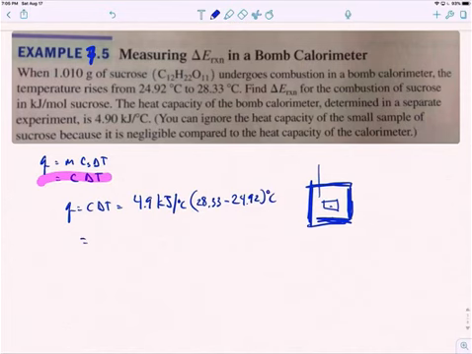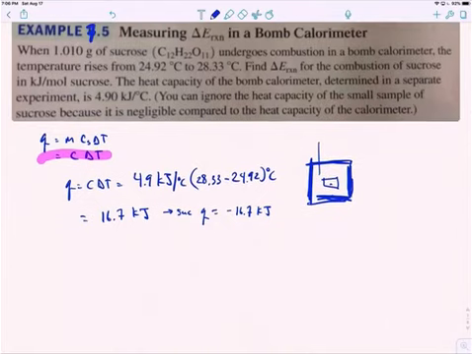And our heat flow here for that is going to be 16.7 kilojoules. Now let me think about the energy flow. The energy flow for the sucrose, the Q, that's a Q. The heat flow for the sucrose is negative, so it's minus 16.7 kilojoules. And that's because of what I mentioned before. The temperature of the bomb calorimeter is going up.